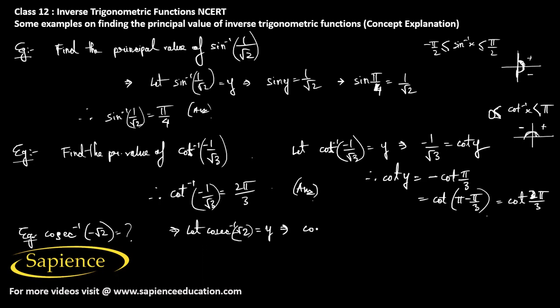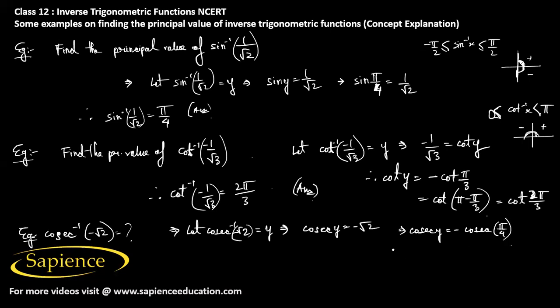Then cosec y is equal to minus root 2. Now we know that root 2 is cosec pi by 4. So cosec y is equal to minus cosec pi by 4.